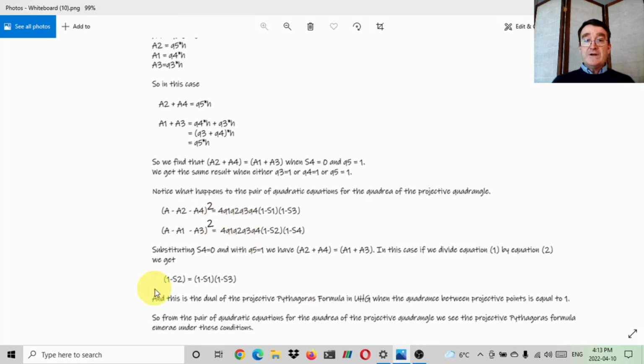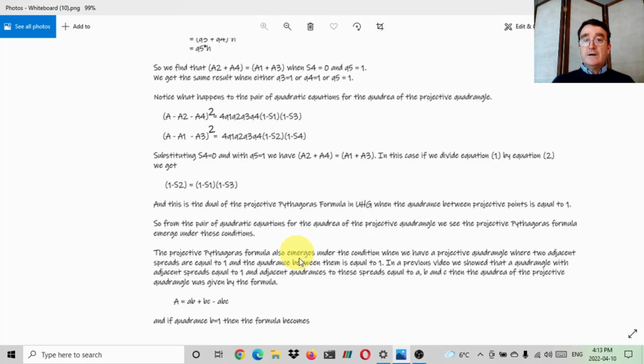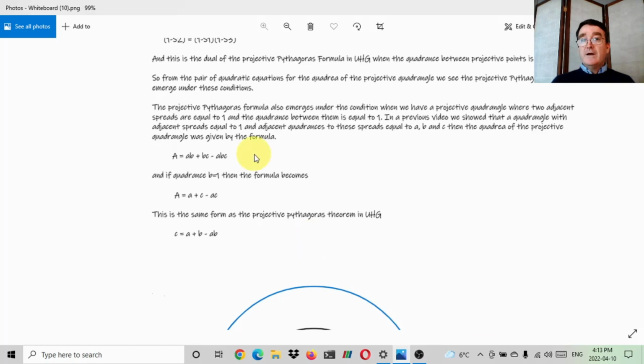So what that means is if we have a quadrangle with 4 points and two adjacent spreads, so let's say this spread at this projective point here and this spread here is equal to 1, and the sides, let's say, are A, B, C, the adjacent quadrances, then the quadria of that projective quadrangle was shown in a previous video to be this formula. So what happens when the quadrance B is equal to 1?